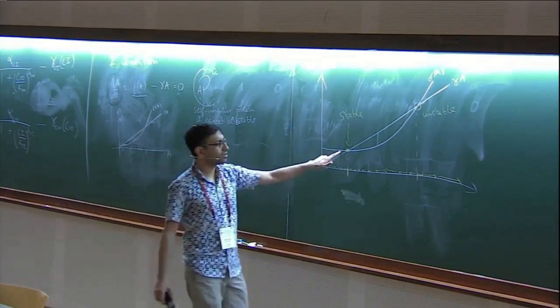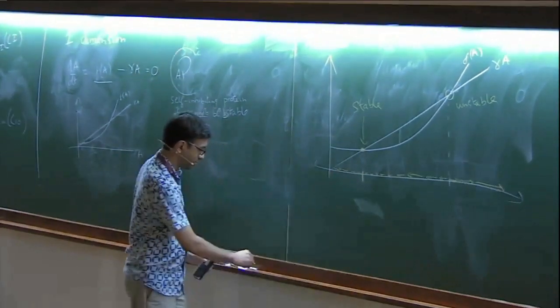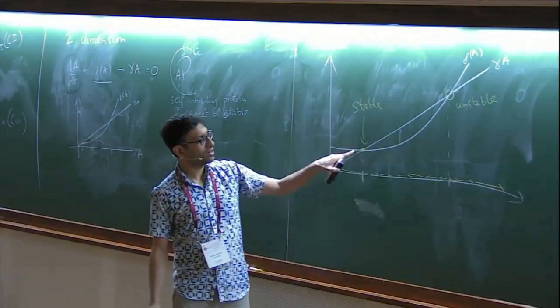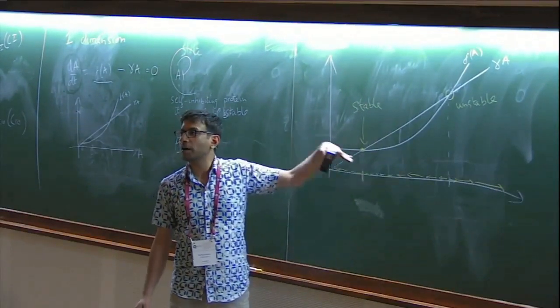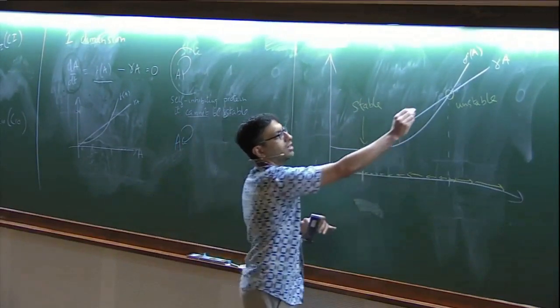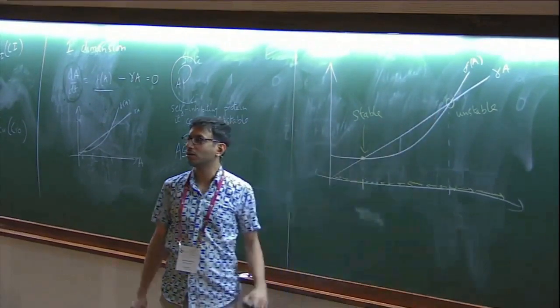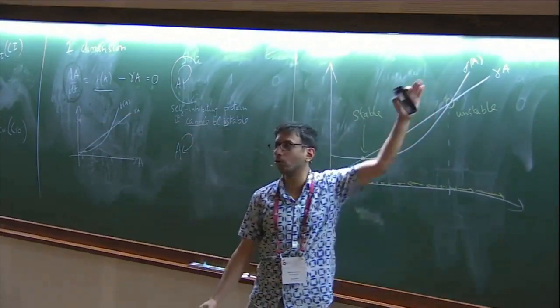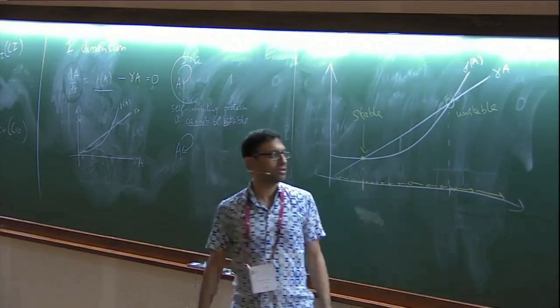And you can already see the rule for stability. The rule is rather straightforward. If you cut this gamma A line from above, you're going to be stable. If you cut from below, you're going to be unstable.